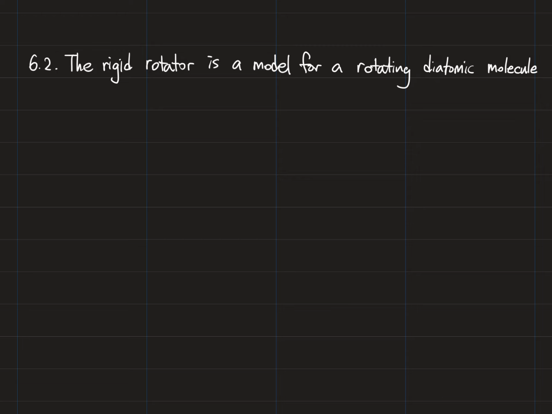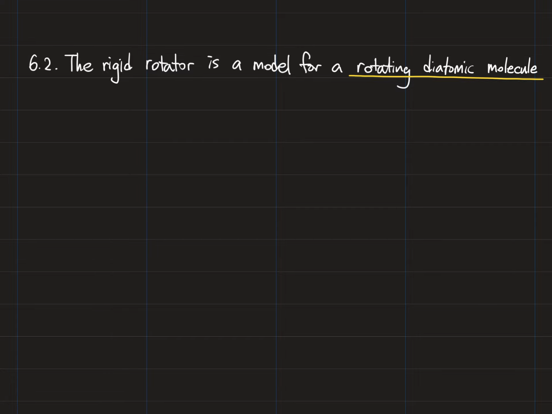Okay, section 6.2, the title is: the rigid rotator is a model for a rotating diatomic molecule. We already discussed that one in the introductory part, but let's try to calculate the energy levels and see if the rotating motion really describes this.